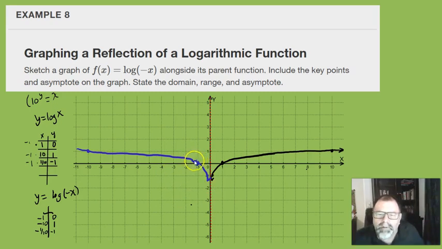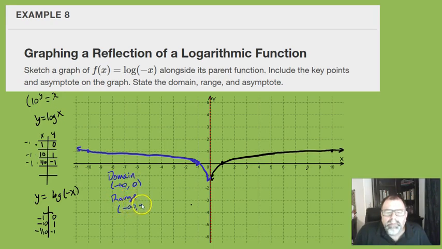So this one's the reflection. The domain for this one would be -infinity to 0, the range would be all real numbers, and the vertical asymptote is the same, x equals 0.